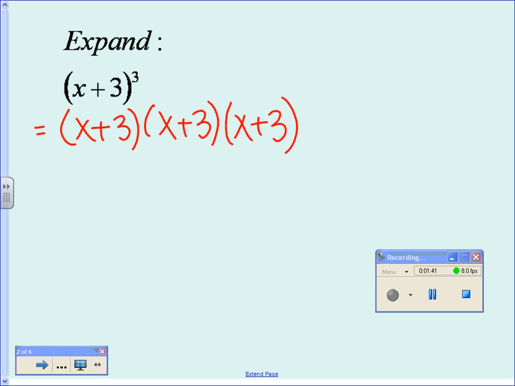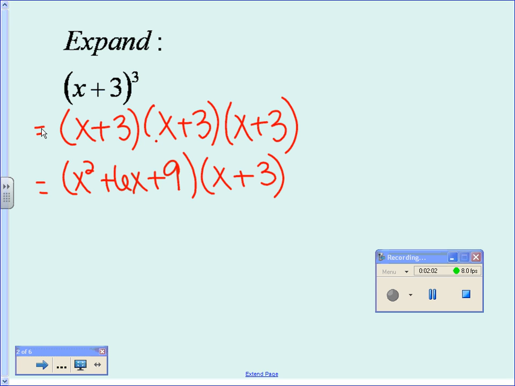Okay. Do you normally distribute like 3 sets of parentheses at the same time? So we're going to do 2 of them. That is what you get when you say x plus 3 times x plus 3. But we have another x plus 3. Now what do we have?